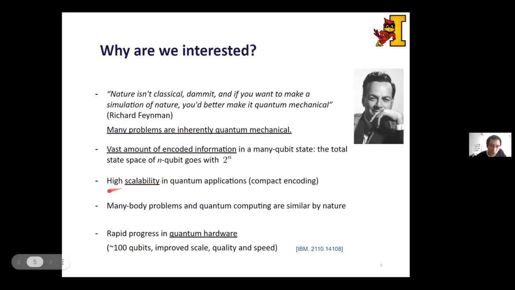And there's also high scalability in quantum applications, which I will show in this talk later. And many-body problems and quantum computing are similar by nature, and we have seen a rapid progress in quantum hardware in recent years, with improved scale, quality, and speed.